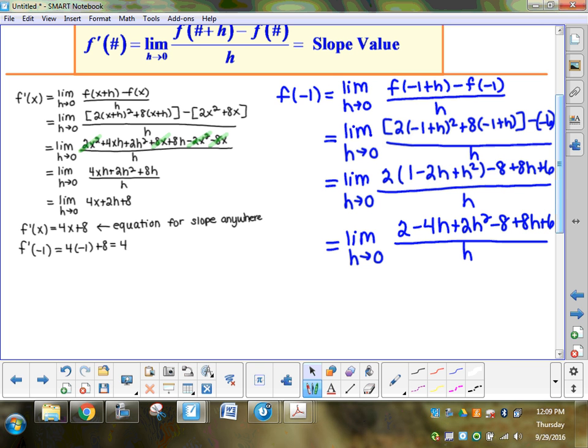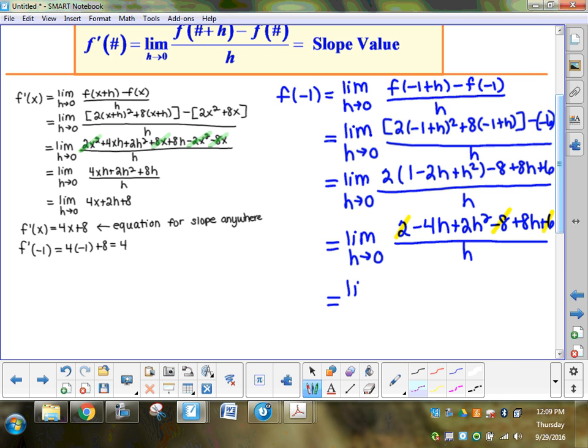Let's put everything that we can together now. Notice in this, I don't have anything that directly cancels. You don't have opposite terms. What do you see? 2, -8, and 6. So what's 2 plus 6 minus 8 going to give you? 0. And then everything that's left, what do they all have in common? An h. Yeah. So now I reduce out the h.